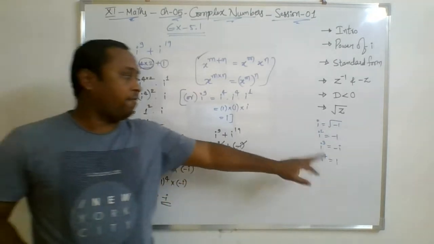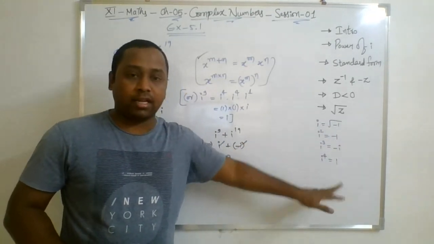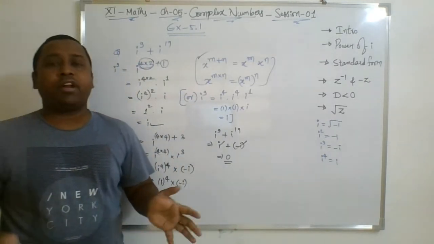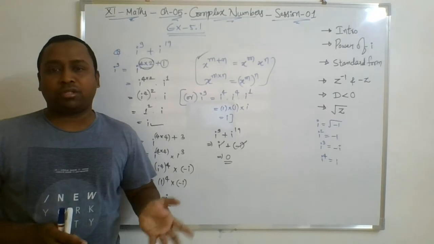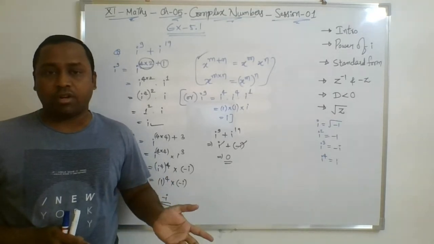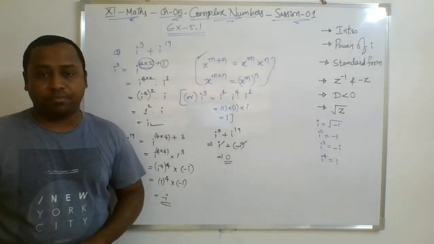definitely you will get the final answer as I, minus 1, minus I, or 1. Thereafter, according to the question, whether it is an addition process or subtraction, multiplication or division, whatever, based on that, your final answer will differ.